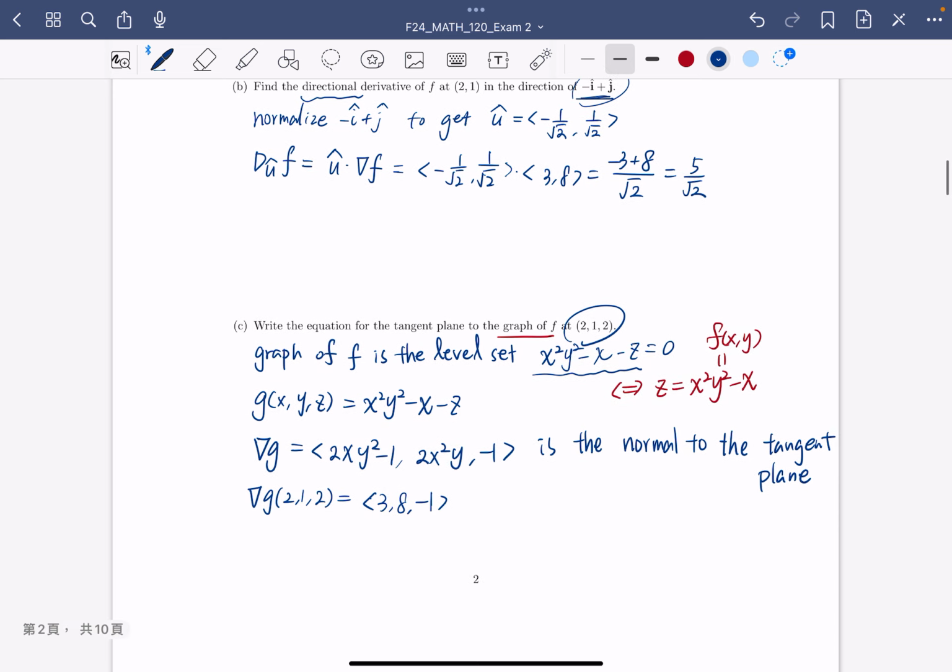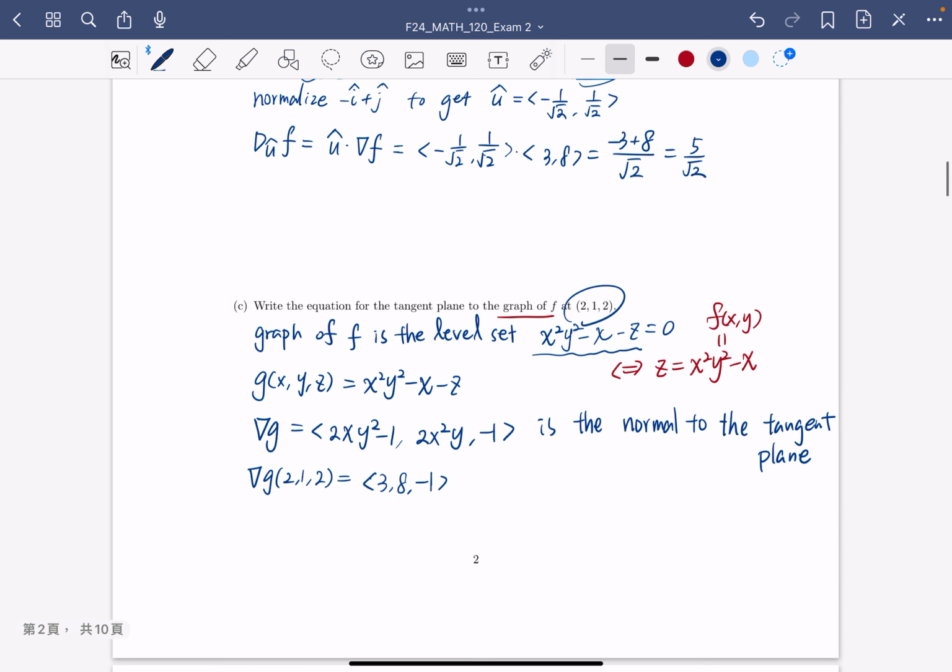So from now on, we can write the tangent plane as this. The tangent plane is 3x plus 8y minus z equals some constant d.